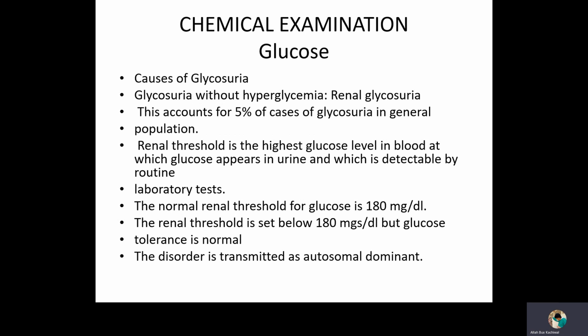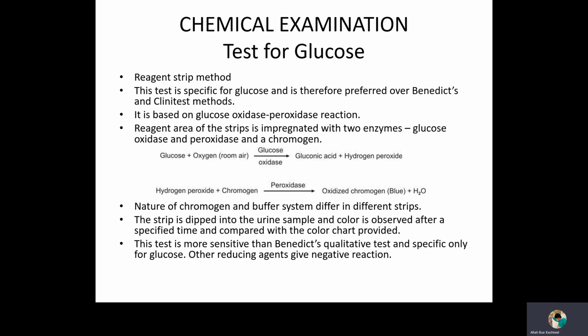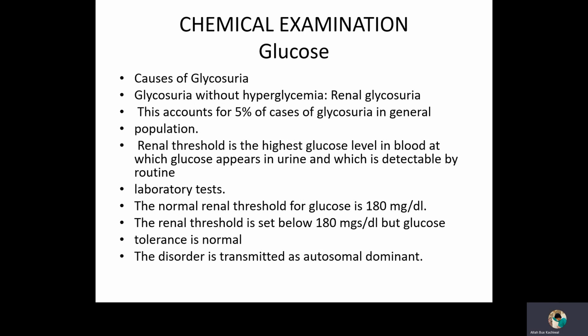The glucose, chemical examination. Glycosuria without hyperglycemia might be due to renal glycosuria. This accounts for 5% of cases of glycosuria in the general population.